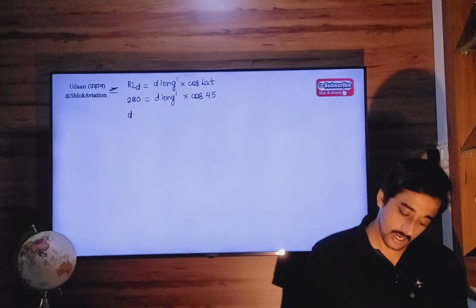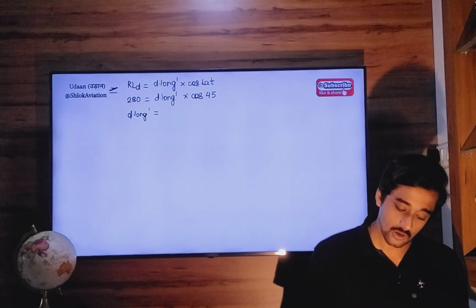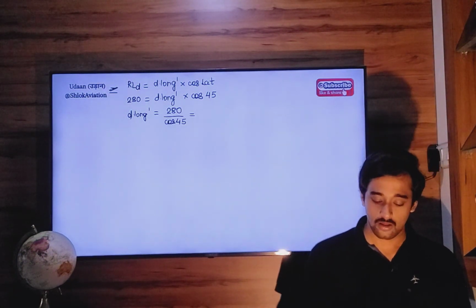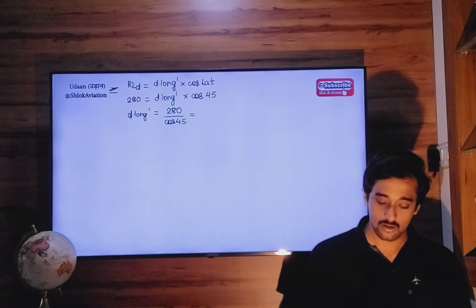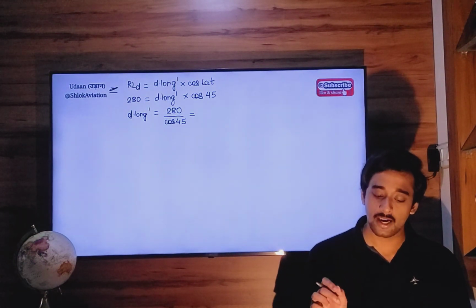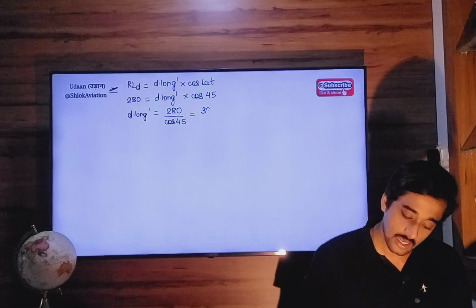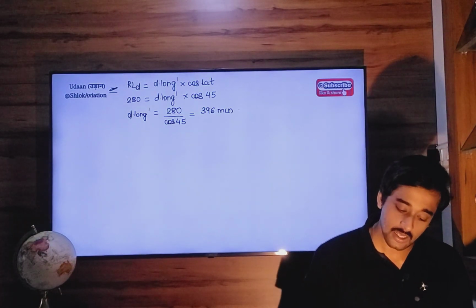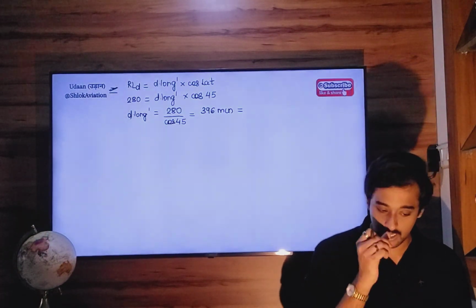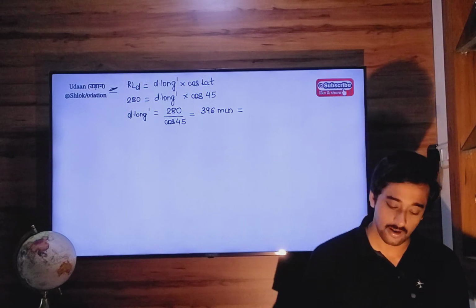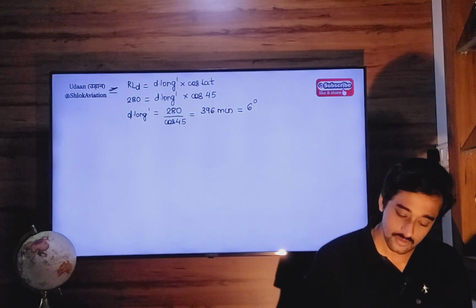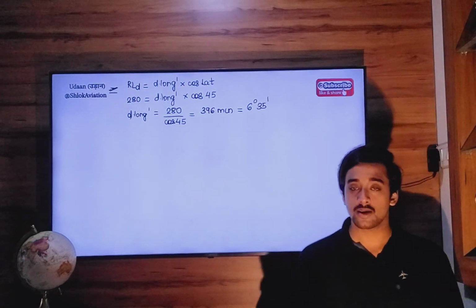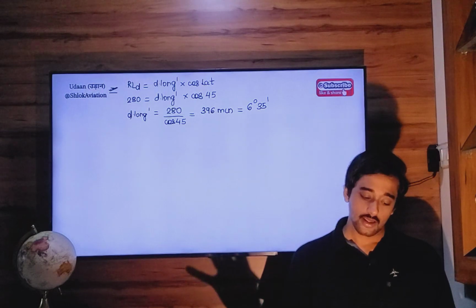So d long in terms of minutes will be equal to 280 divided by cos 45, which is 395.9 or 396 minutes. Now 396 minutes divided by 60 is equal to 6 degree 35 minutes. In terms of degrees, 6 degree 35 minutes.